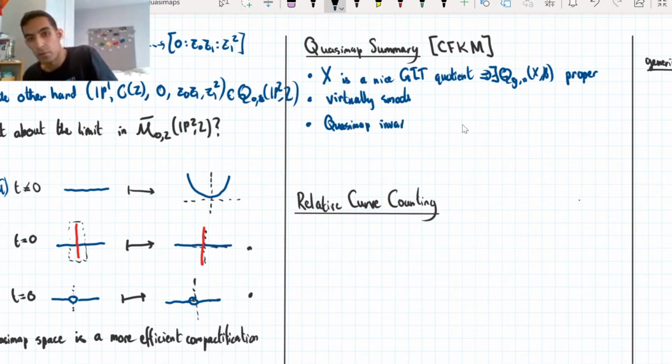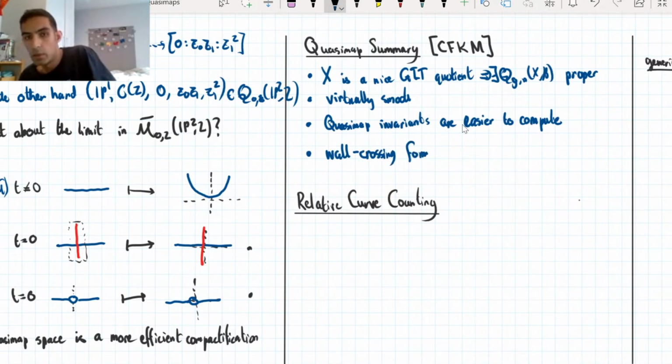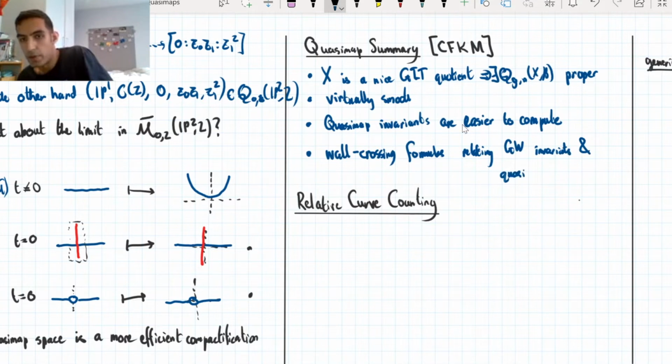So Quasimap invariants are easier to compute. And moreover, there are wall crossing formulas which relate Gromov-Witten invariants and Quasimap invariants.